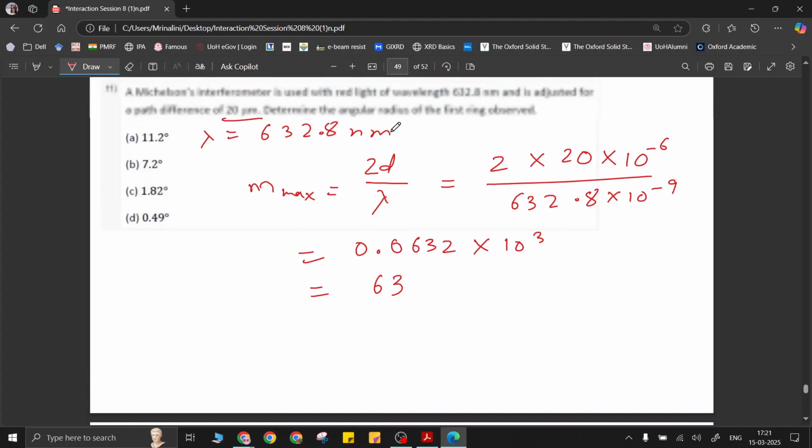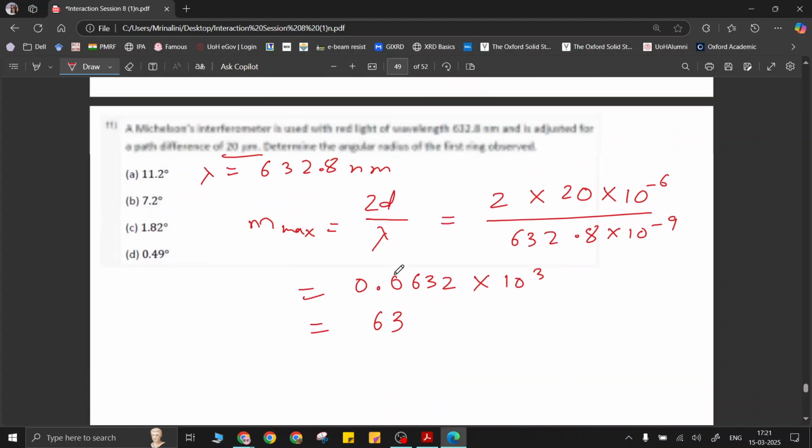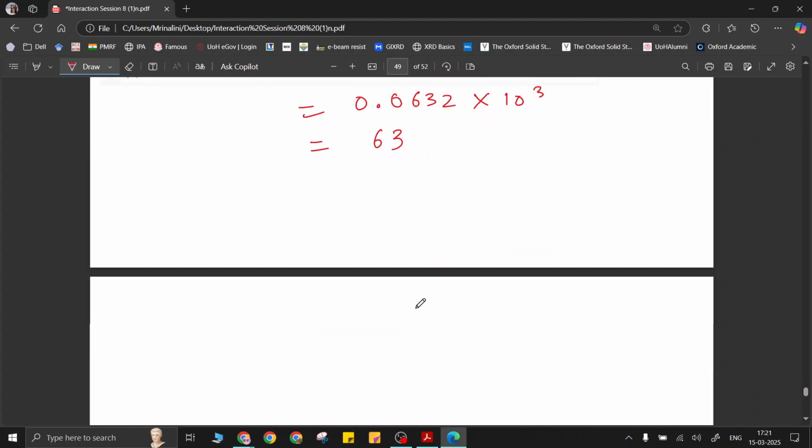With this particular d value and lambda value, we can see a maximum of 63rd order. If the center is dark, that means this is the maximum we can see, 63rd, and after that this will be 62, and the next will be 61, like this.